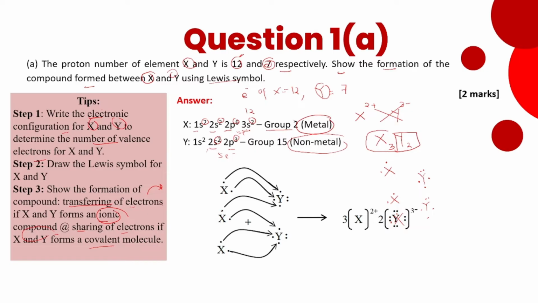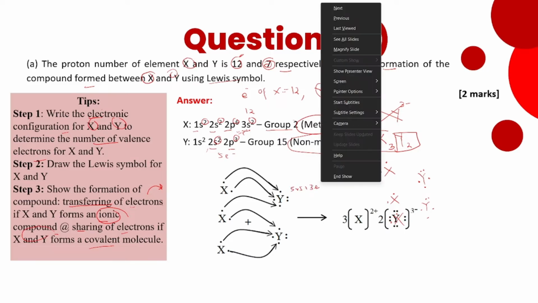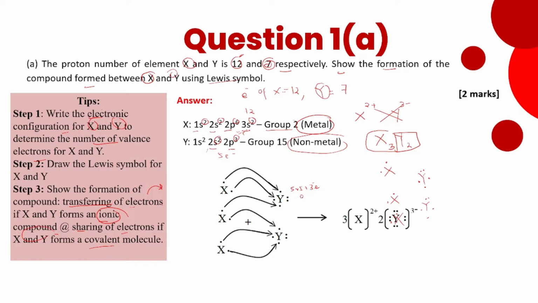You show the arrow transferring one electron to here and the other electron to there. At the same time, this arrow here will transfer to the Y here in order to get an octet, because it has 5 valence electrons. When you transfer 3 electrons, it will become 8 valence electrons, which is an octet.